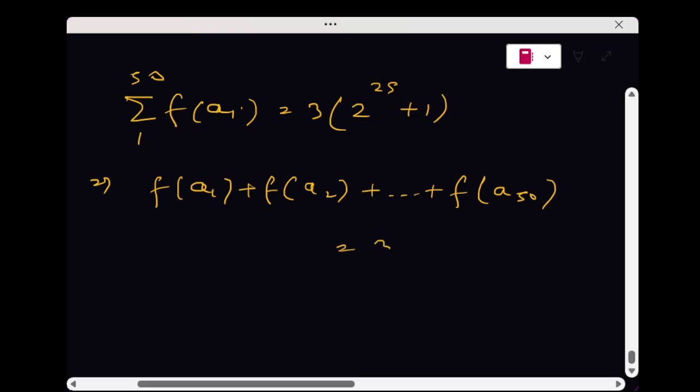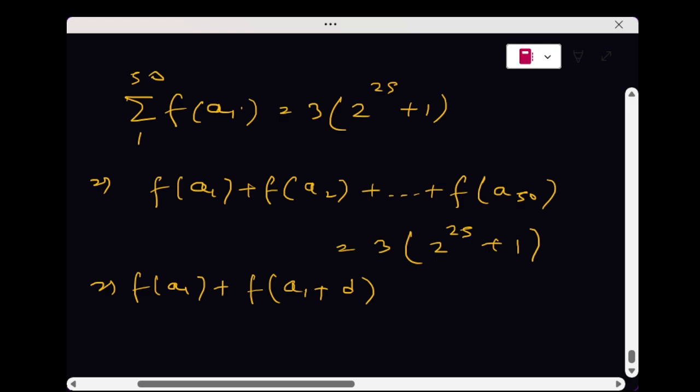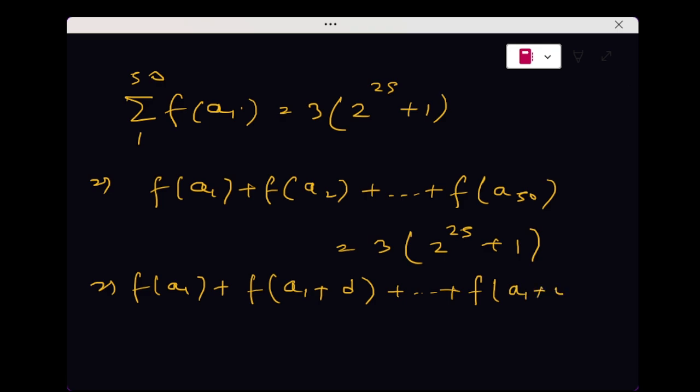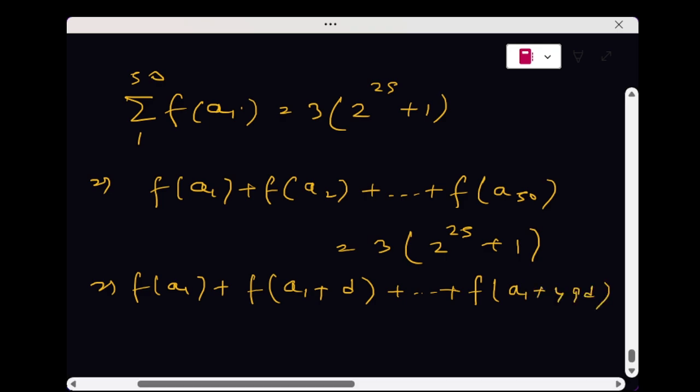This will be equal to 3 times (2 to the power 25 plus 1), and f(a2) we can write as f(a1 plus d), and f(a50) we can write as f(a1 plus 49d).